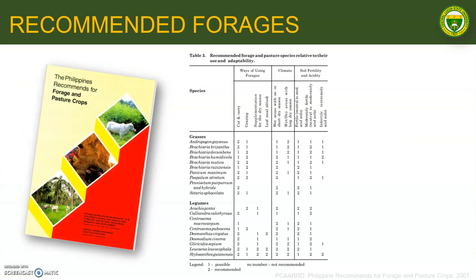In addition, in the Philippine recommends for forage and pasture crops, there's a list of grasses and legumes including their recommended use and adaptability. In this table, we can see whether the forage is recommended for cut and carry or for grazing system.